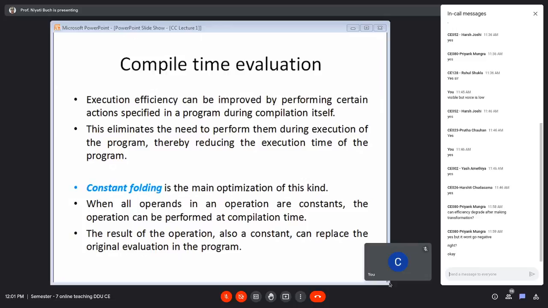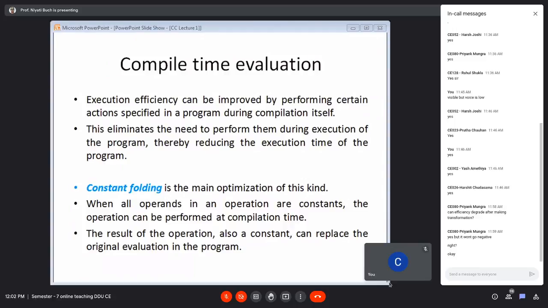So constant folding is the specific name given to this compile time evaluation, in which, when all the operands in an operation are constant, then the operation can be performed at compile time, because all the necessary things for the operation are constant. They are available to us at compile time. So the result is also going to be a constant, and it can replace the original evaluation in the program.